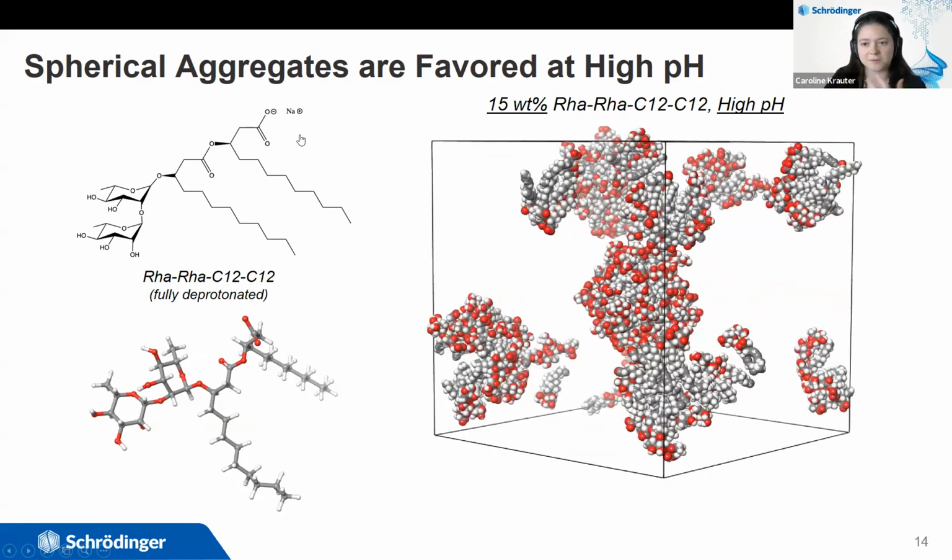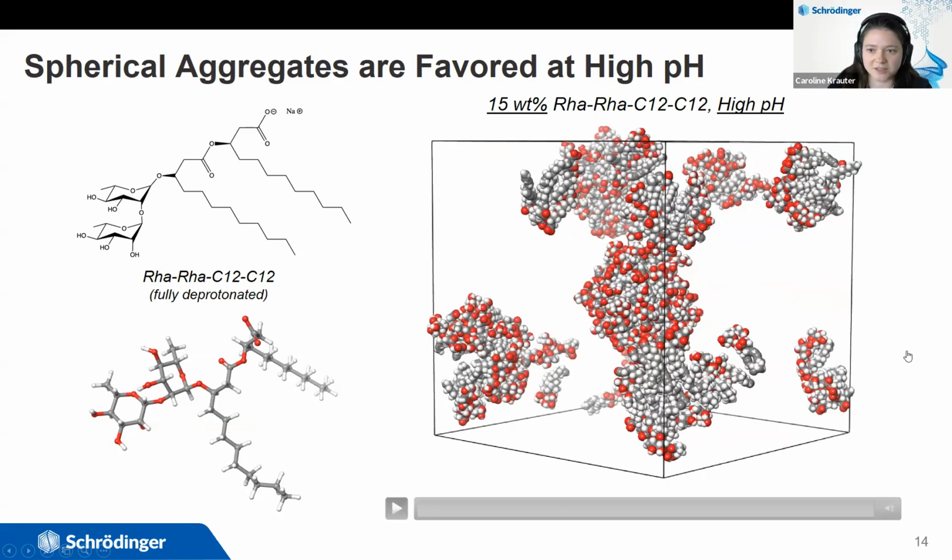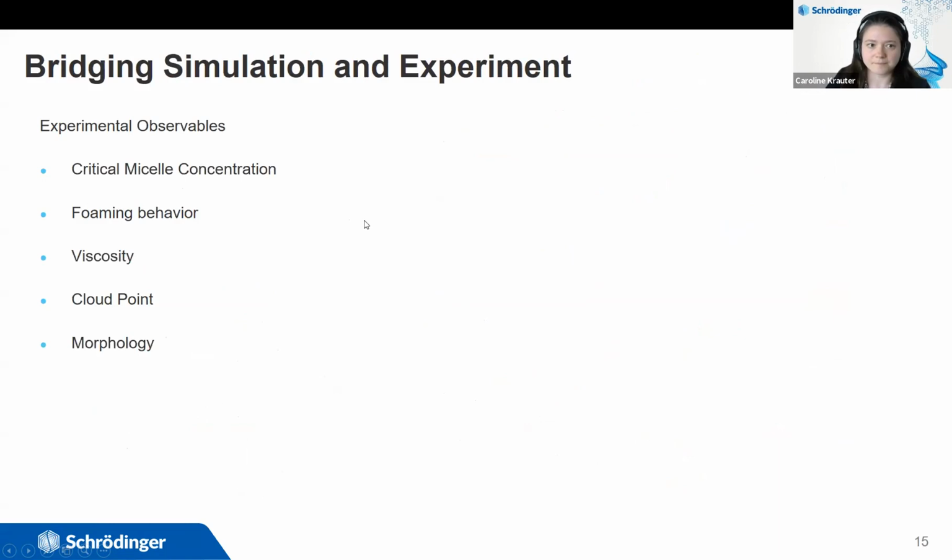So that's basically, from a qualitative structural point of view, what we would also expect from experiment for such a series of simulations. So that's already great.